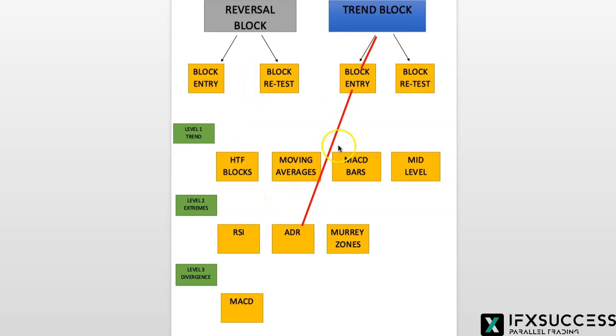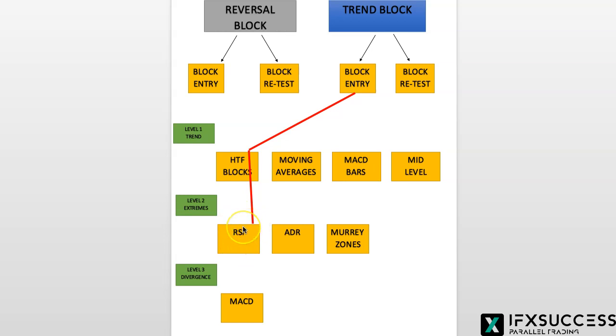Okay, so now again, you can choose. We can have a block entry and a higher time frame, and then maybe we could choose an RSI. So again, we also have to know what type of time frames we're going to be using. That's very, very important. So block entry could be 15 minutes, and higher time frame blocks could be 1 hour or 4 hours, and then the RSI could be under the same 15 minutes.